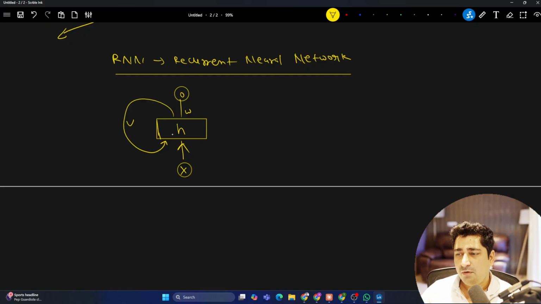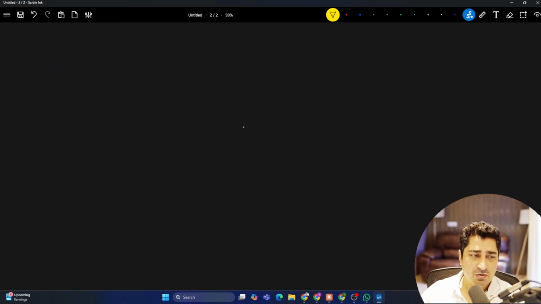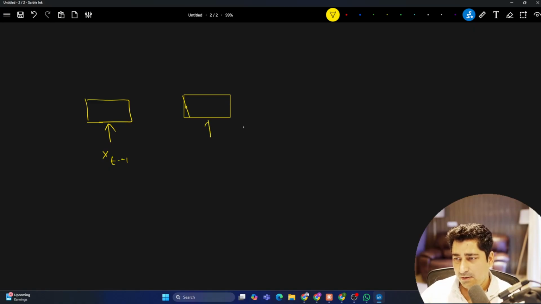Now, when you unfold this structure, you will see something like this. Let me show you that as well. Let's say I give an input x at t minus 1, then an input x at t, and then an input x at time t plus 1. Everything will be connected to each other.